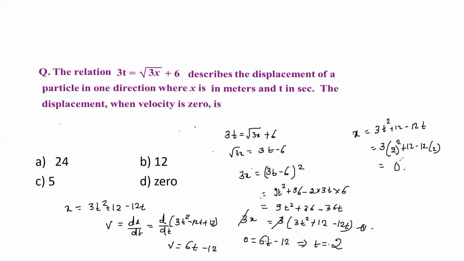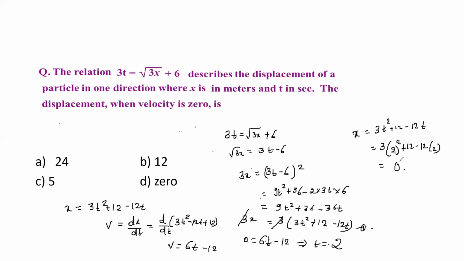I have taken the equation 3t is equal to root 3x plus 6. This is our equation. So we need x is equal to. Therefore, squaring the equation on both the sides, it becomes 3x is equal to (3t minus 6) whole square. That is 9t square plus 36 minus 36t. This is what 3x is equal to. I can take 3 common and I can simplify for x is equal to. Therefore, it becomes x is equal to 3t square plus 12 minus 12t.